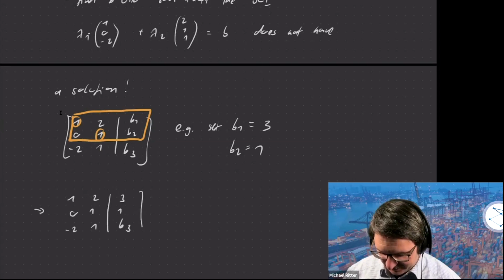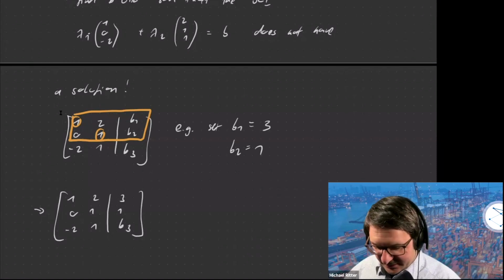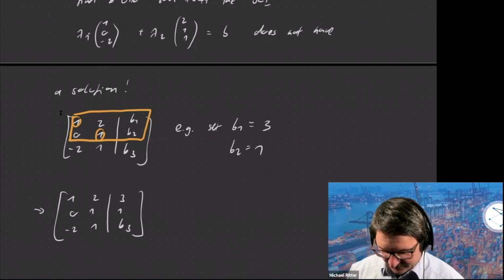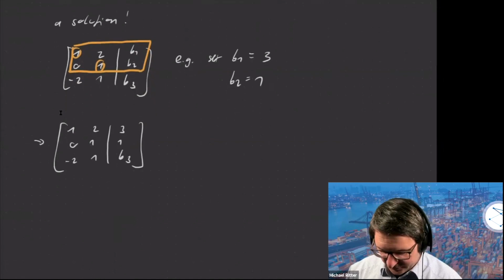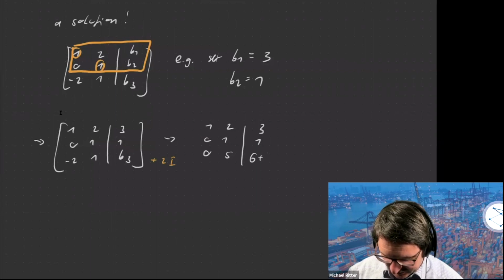We need to adapt that B3 such that there is no solution. So now let's try and solve this system. If we do that, we just add 2 times the first row to the last one. And that yields, let's see, 0, 5, and 6 plus B3.